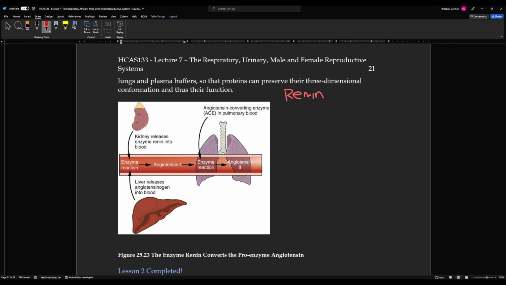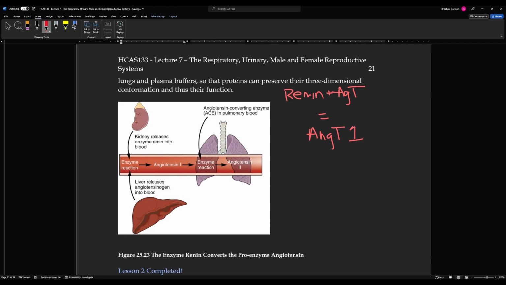This causes the juxtaglomerular cells to release renin. Renin ends up reacting with a liver enzyme called angiotensinogen. And this gives us angiotensin 1.